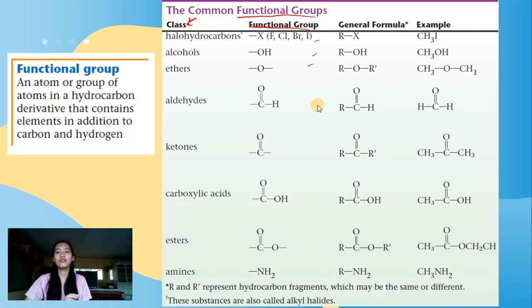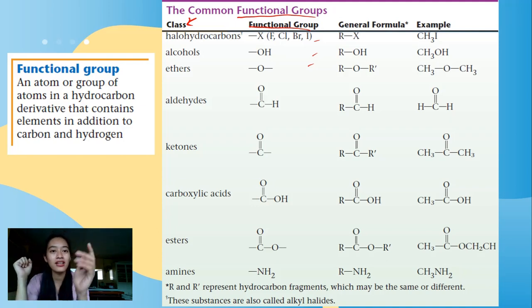To read, a functional group is an atom or group of atoms in a hydrocarbon derivative that contains elements in addition to carbon and hydrogen. So it is also like an interchangeable term with substituted hydrocarbon. But again, let me emphasize, the families in this column, the classes, are termed as substituted hydrocarbon.